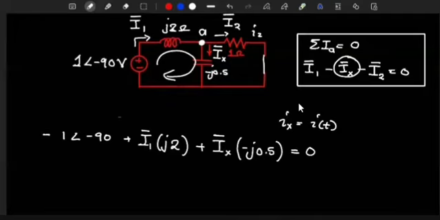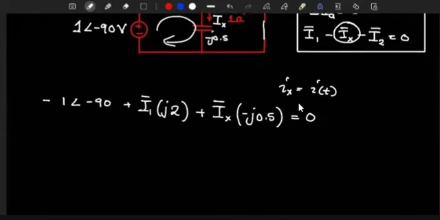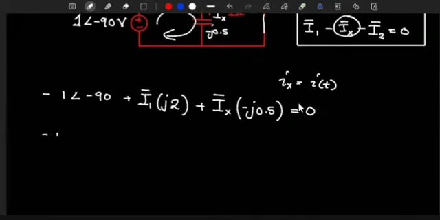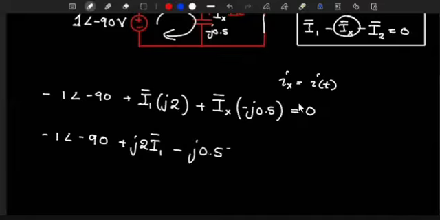This is in accordance with Kirchhoff's voltage law. We simplify this a little. So we have, say, plus J2 I1 minus J 0.5 Ix is equal to 0.